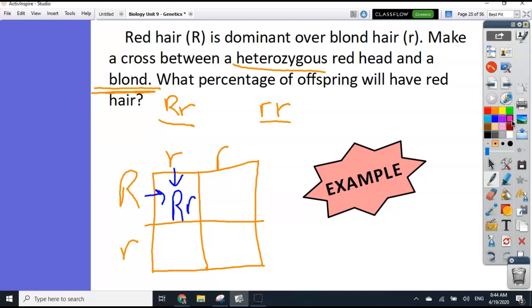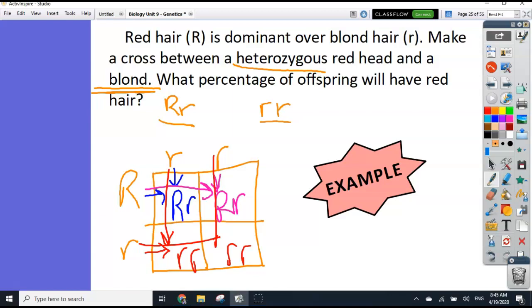In the next box, I'm still going to have a big R and a little r. Let's look at the next one. Down here, little r. And in this last box, I'm going to also have little r.